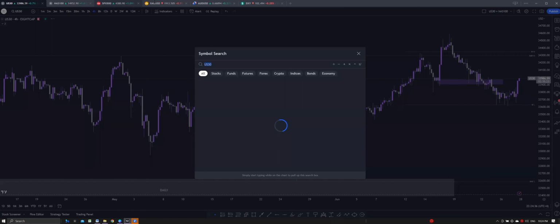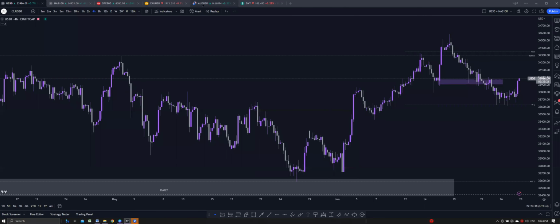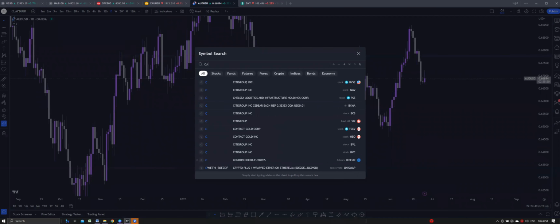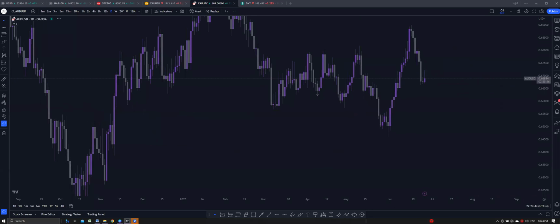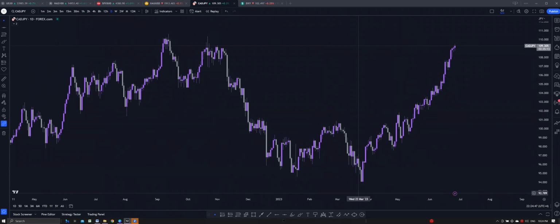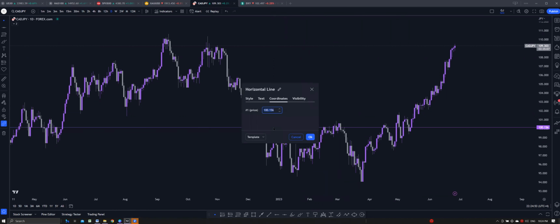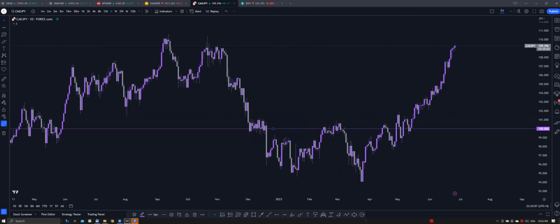So let's look at maybe CAD, Canadian dollar, right? Or JPY. So let's pick up a flat number, 100, right? This example. Then we'll pick up another flat number. Let's pick up 101.